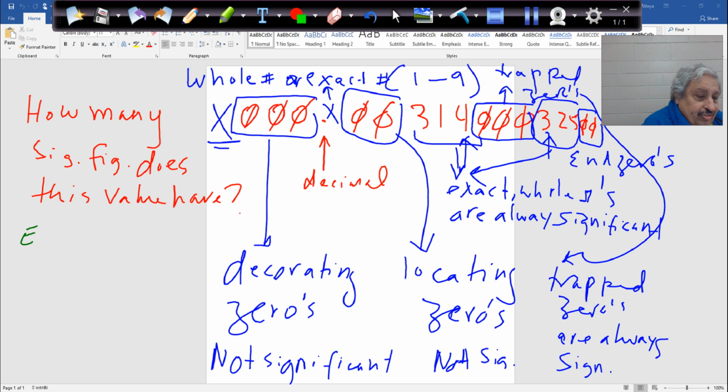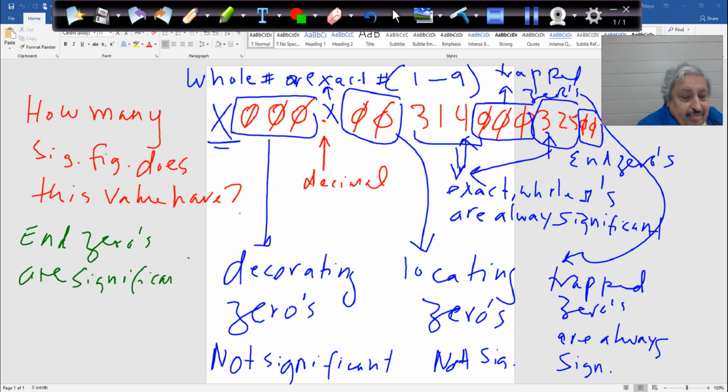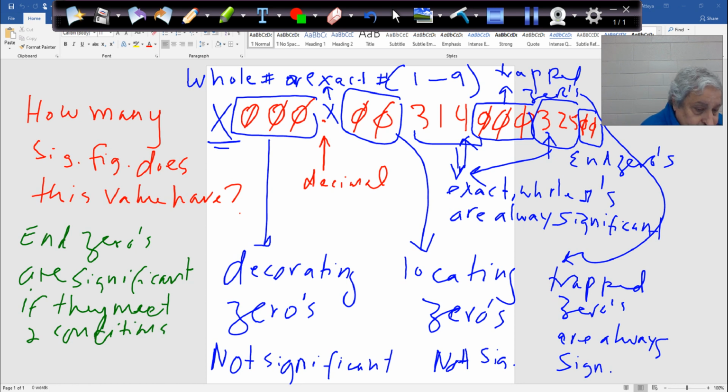So the end zeros are significant if they meet two conditions at the same time. What are those two conditions?